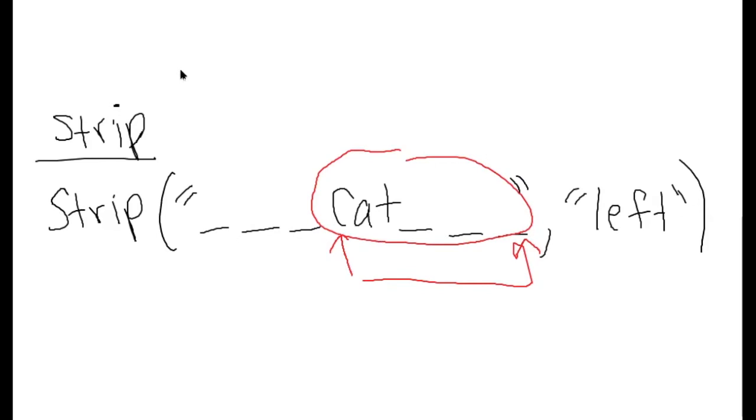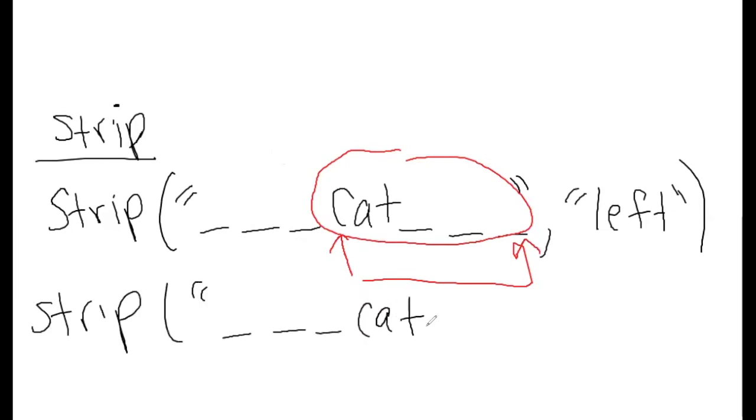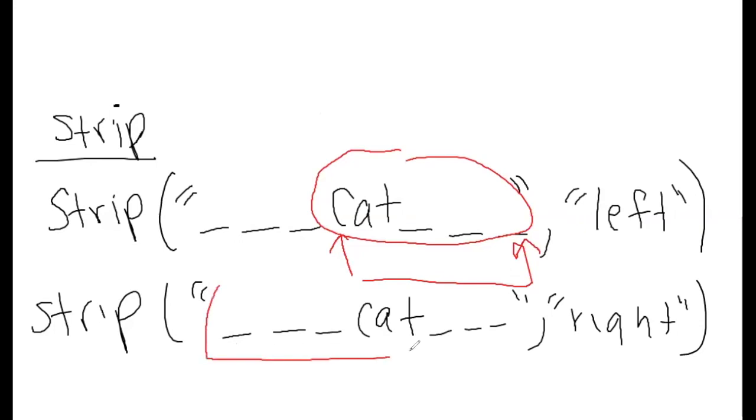Similarly, if we do strip cat right, instead of figuring out where we want to start including things, now we know we want to start at 0, but we want to know when we need to stop.